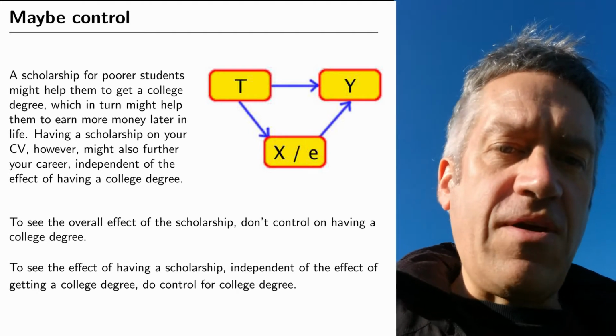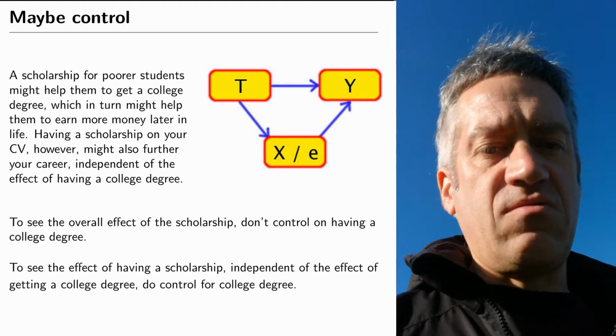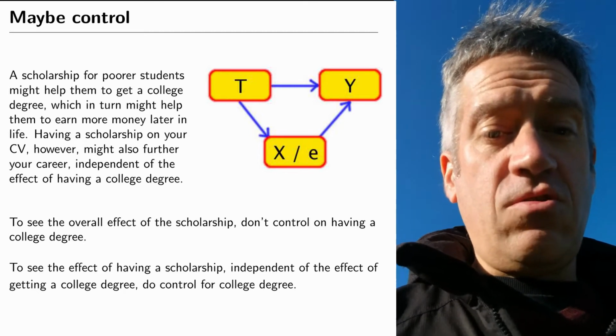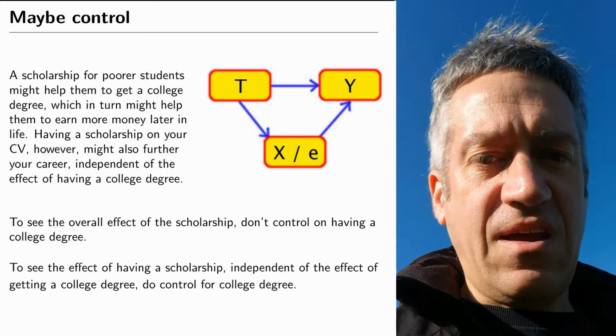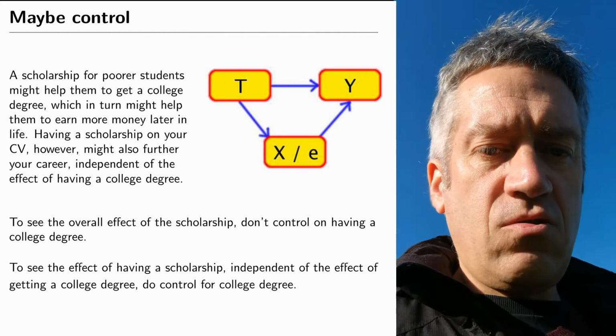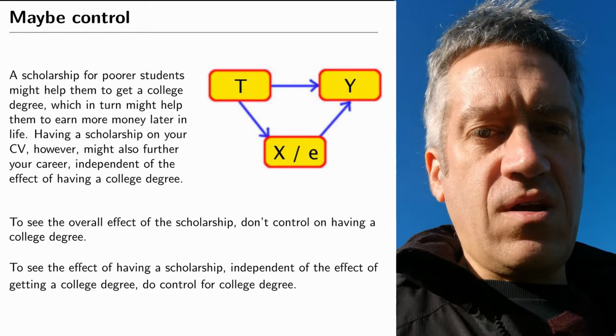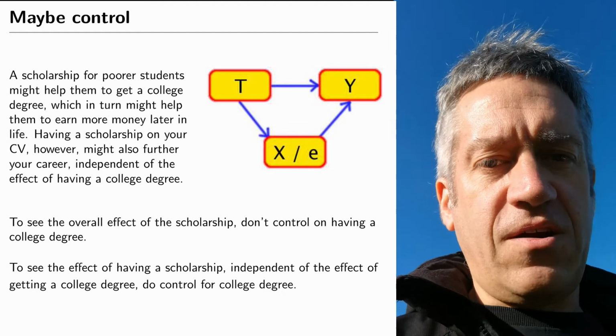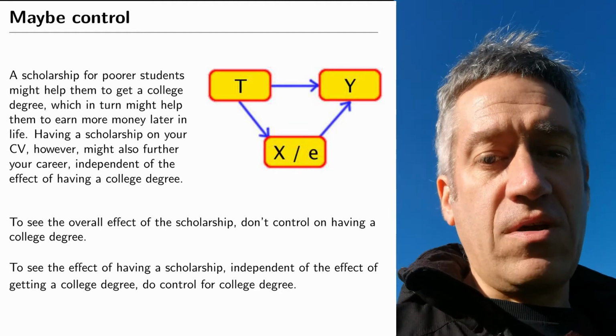So there might be a direct effect, regardless of getting the college degree, from having a scholarship on future salary. And if your research is particularly interested in that direct effect for some reason, then you should control for the mechanism to see what the direct effect is outside of getting a college degree. But that's a very specific kind of circumstance, but it might fit with your research question.